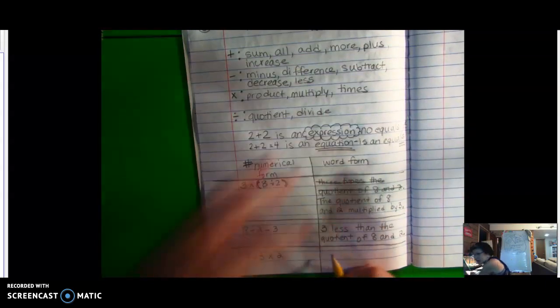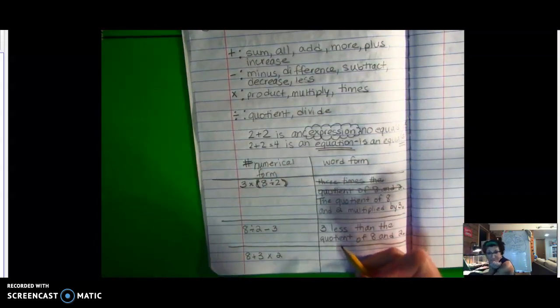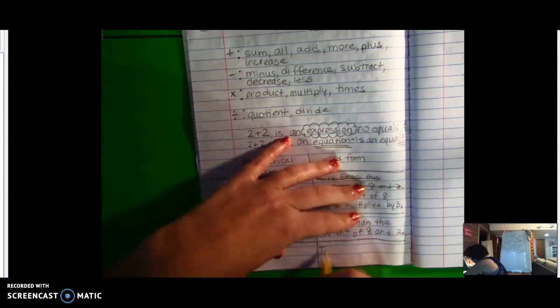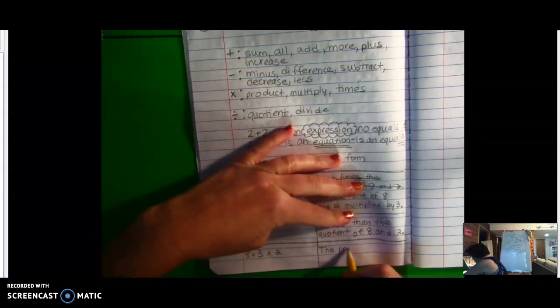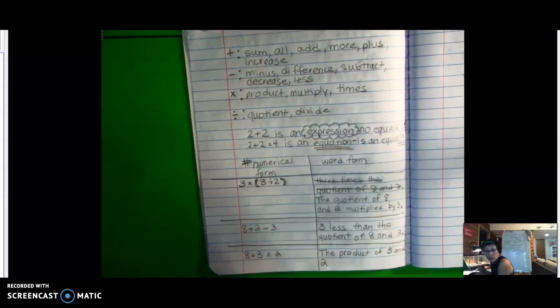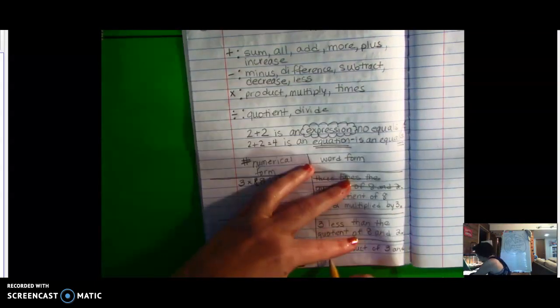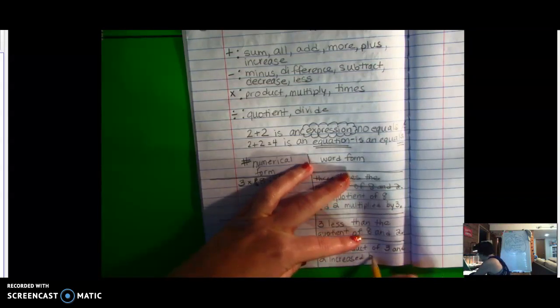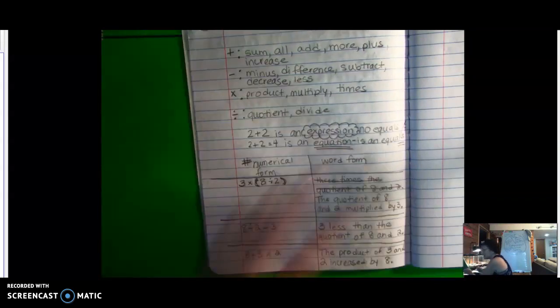So I'm going to say the product, right, because product is multiplication, the product of 3 and 2 increased, meaning added, right, increased by 8.